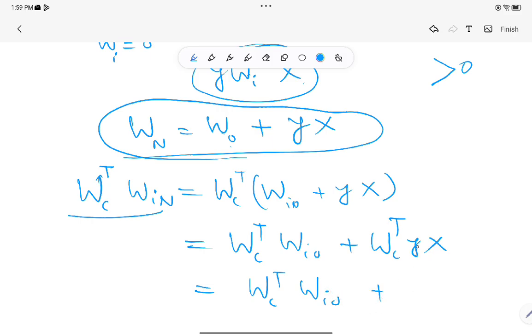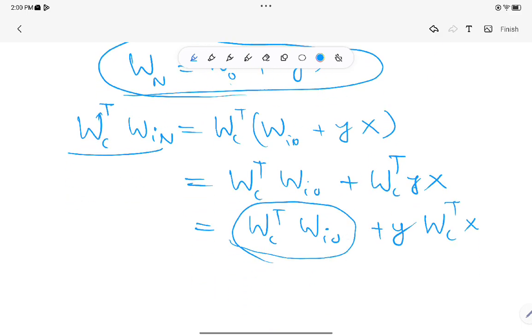Since y is a scalar, with value either 1 or -1, you can take it out and write it as y wc^T x. But what is this? This is a dot product. How do I know? Because it is a transpose multiplied with a vector, a dot product between two vectors. Which two vectors? The correct vector and the incorrect vector.